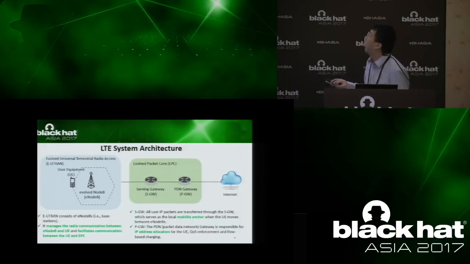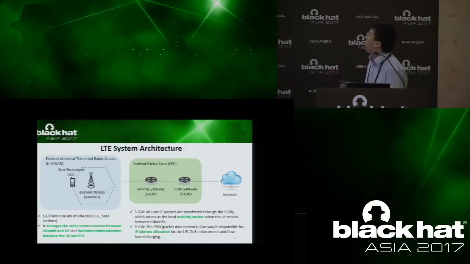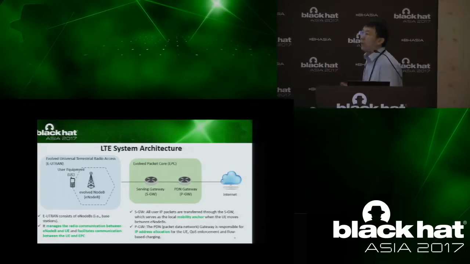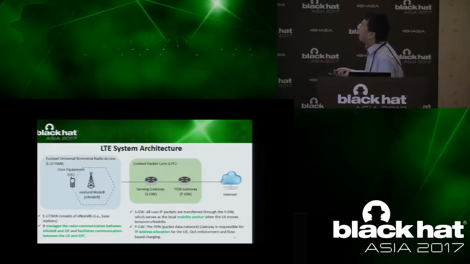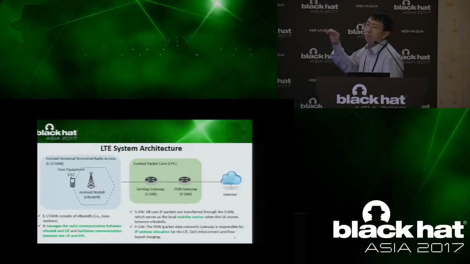The left-hand side has a long name, so I just call it the intranet. The second part is the evolved packet core, EPC, and the third part is the internet. Starting from the left-hand side component, the intranet consists of several distributed base stations. It manages the radio communication between the user equipment, basically the mobile device, and the base station. It also facilitates the communication with the EPC.